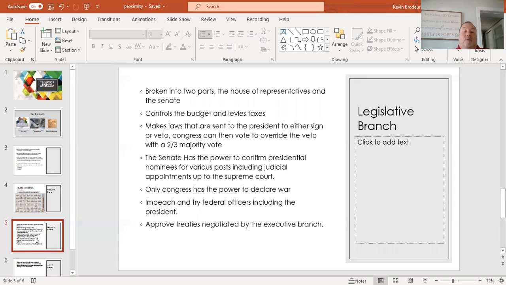Congress also has the ability to impeach and try federal officers, including the president. For the purposes of impeachment, a person has to be found guilty of high crimes and misdemeanors. Congress can also approve treaties that are negotiated by the executive branch. The president, as the chief executive, can go to another country and negotiate a treaty. However, in order for that treaty to be approved or ratified, it has to go through the legislative branch.